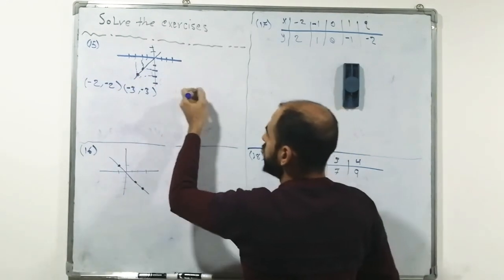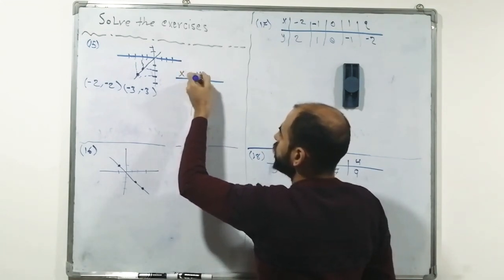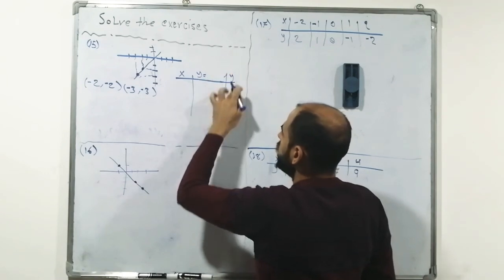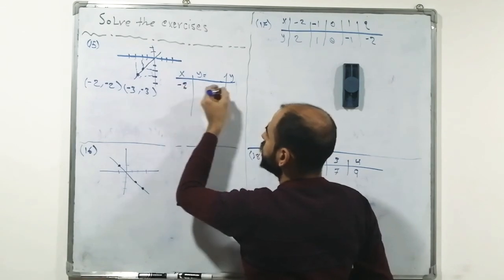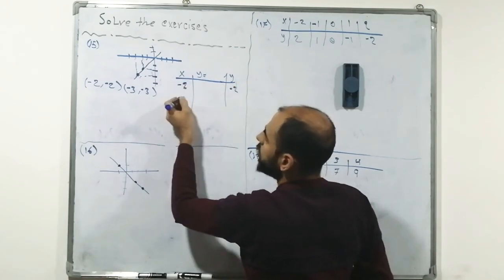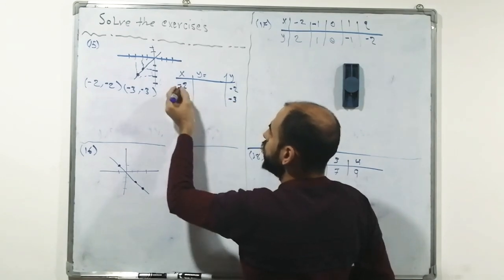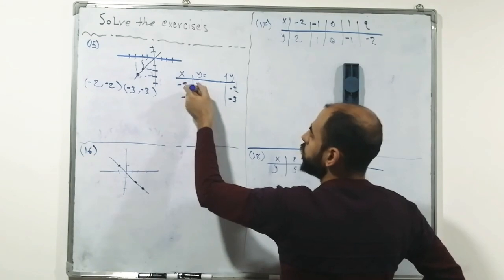So the function table has x and y, the function rule, and the value of y. Now the first point is minus 2 and y is minus 2, and the second one is minus 3 with y minus 3. How can we make y equal minus 2?